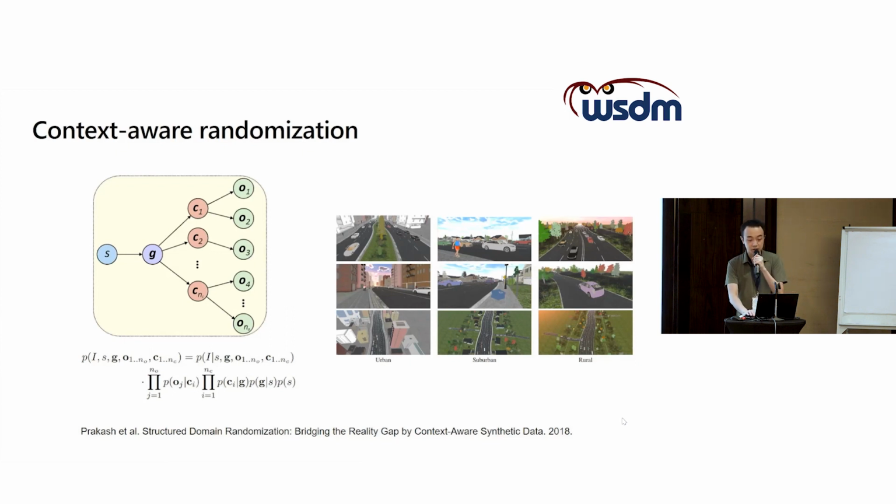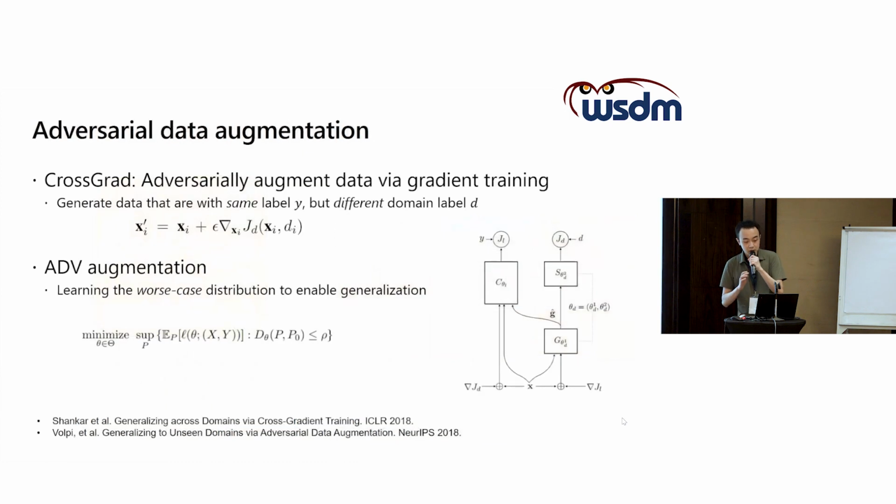Okay, so that is about how we can apply domain randomization to solve the problem of domain generalization. Of course, similar to many other works focusing on the robustness of machine learning models, especially adversarial samples, a similar idea can also be applied, for example adversarial data augmentation. Originally, this idea was applied to counter adversarial attacks and help improve the robustness of our deep neural networks.